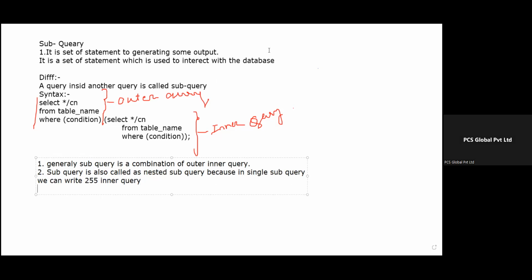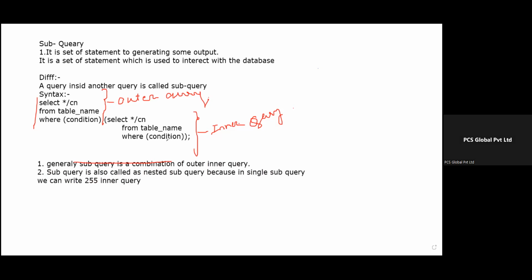Guys, understood or not? Generally, a subquery is a combination of outer query and inner query. Subquery is also called a nested subquery, because in a single subquery we can write 255 inner queries.